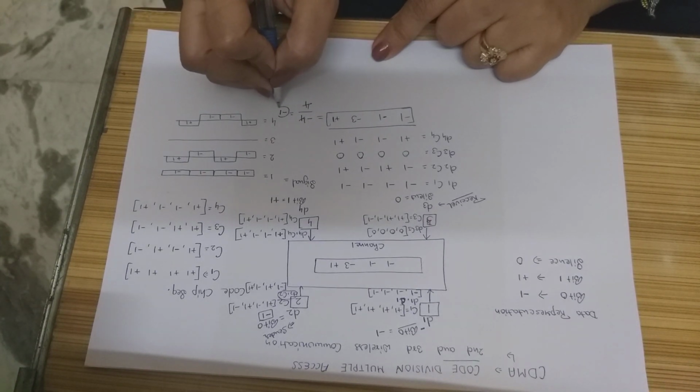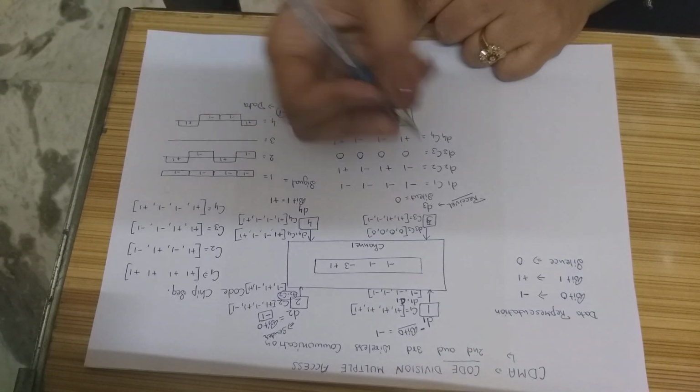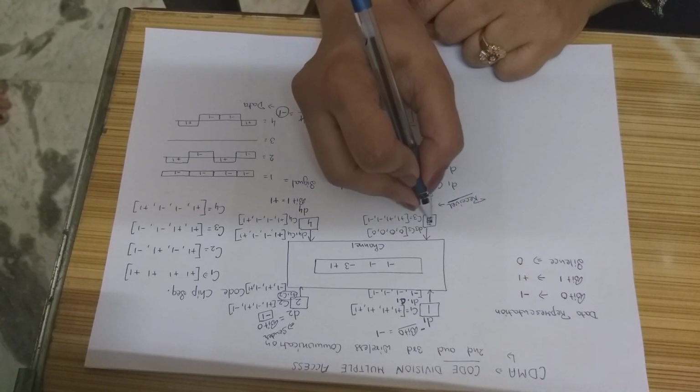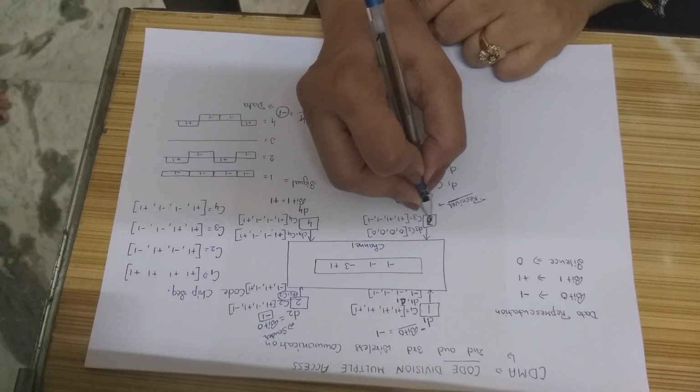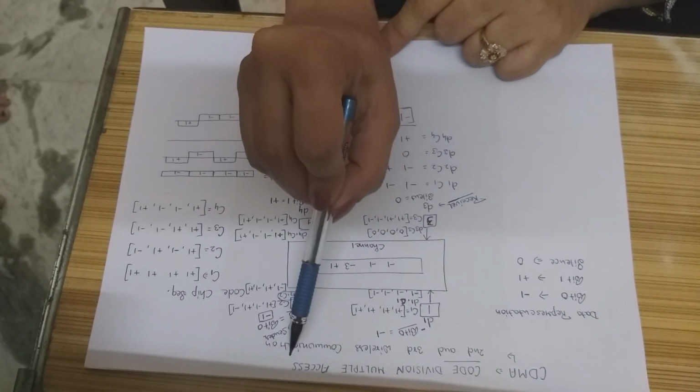So minus 1 is my data that is going to be received by my receiver, and the receiver is station number 3. So in this way we work with code division multiple access.